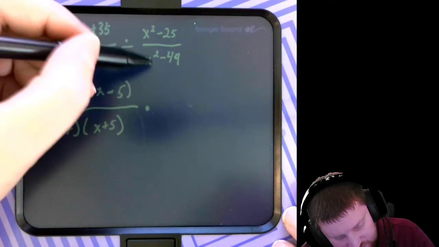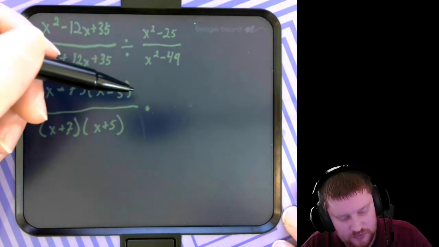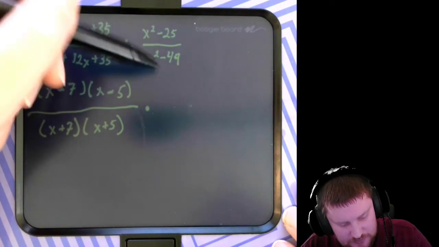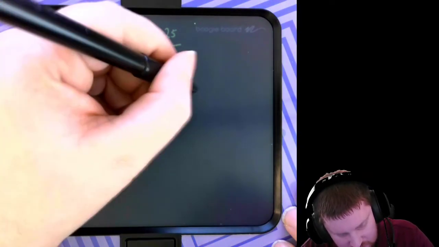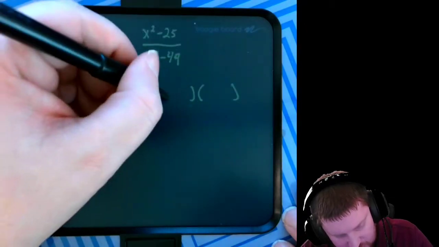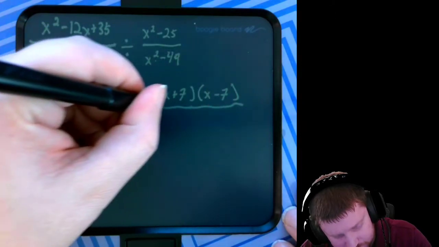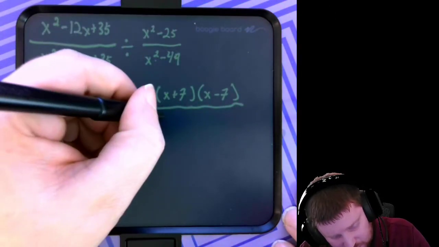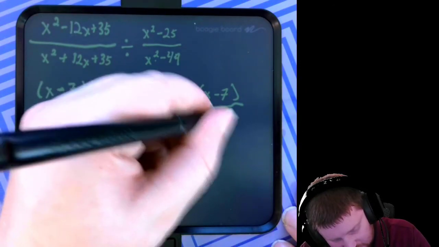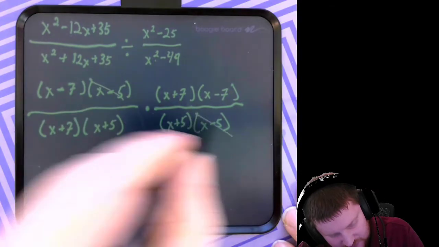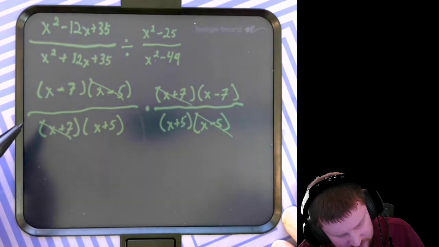I'm going to go ahead and flip this now, and at the same time as I flip it, I'm going to also do the factoring. 49 and x squared are both perfect squares, so that's x plus 7, x minus 7. x squared and 25 are both perfect squares, so that's x plus 5, x minus 5. x minus 5's cancel, x plus 7's cancel.